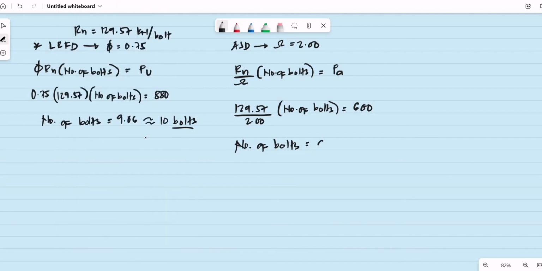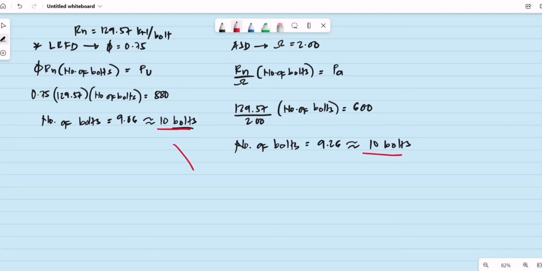That is, let's say, 9.26. Again, we don't have 9.26 bolts, so we are using 10 bolts. The same answer as the LRFD.